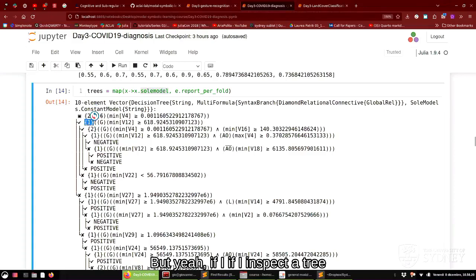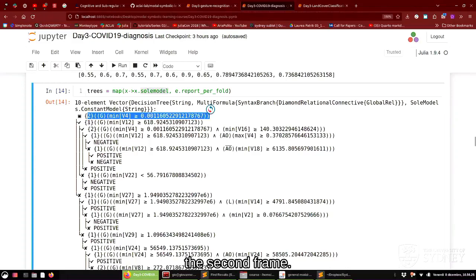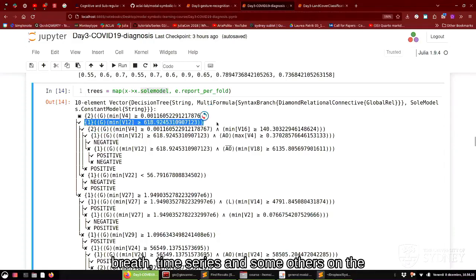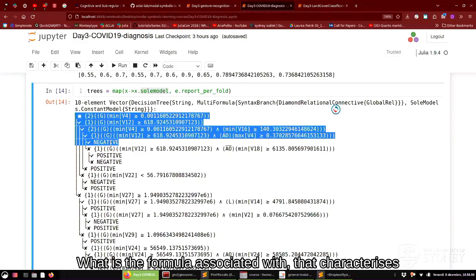But if I inspect a tree now, I expect that some decisions are made on the second frame, by looking at the breath time series, and some others on the cough. And as Guido mentioned, the semantics for a tree is always that you do some conjunctions along the way, if you want to understand what formula characterizes all of the instances that reached a point.